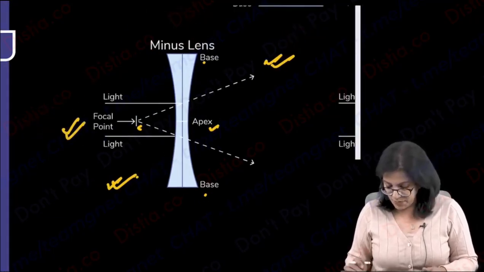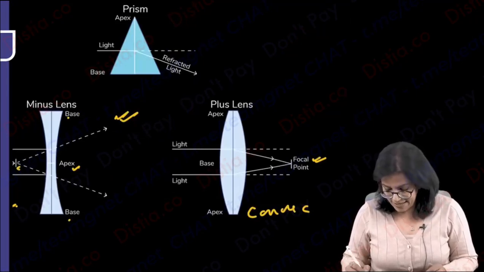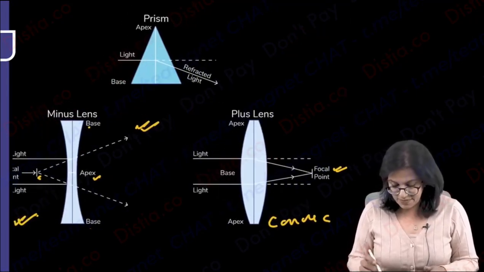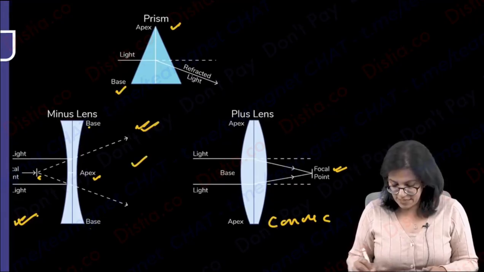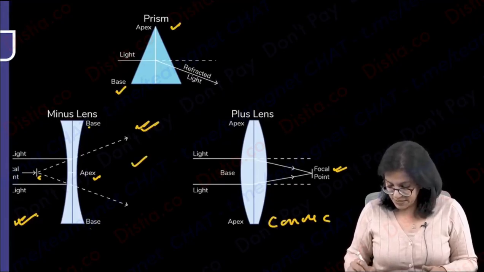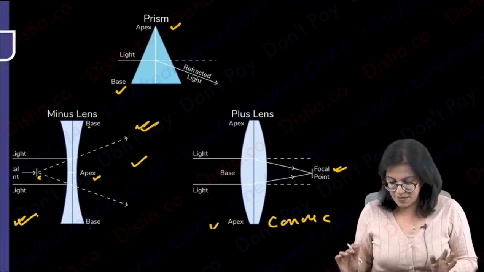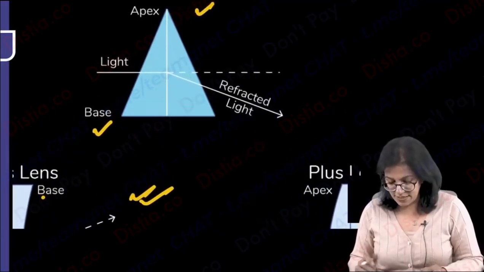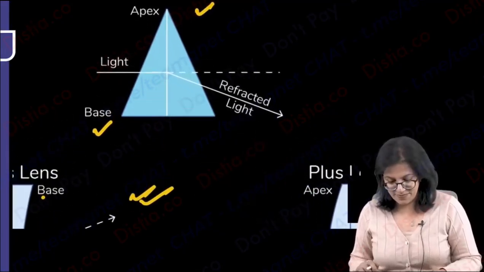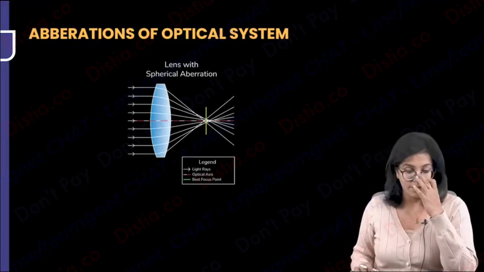I hope you now remember, right? So this is the prism with the apex and the base. When you put it apex to apex, this is the minus lens; base to base, then it becomes the plus lens. So this is the refraction happening through a prism. That was just a brief revision for you all.